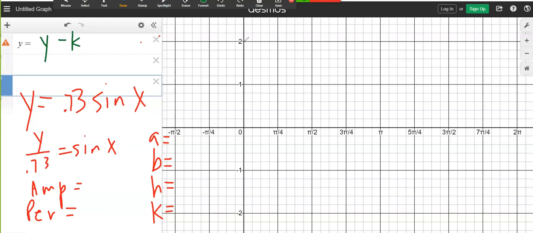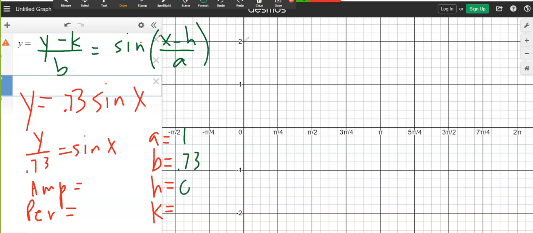Okay, so the A is 1. The B is 0.73. H and K are 0. That's true.